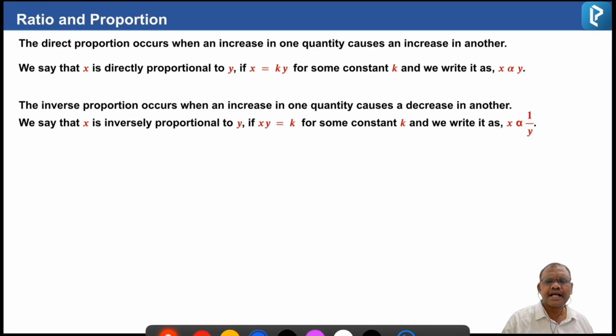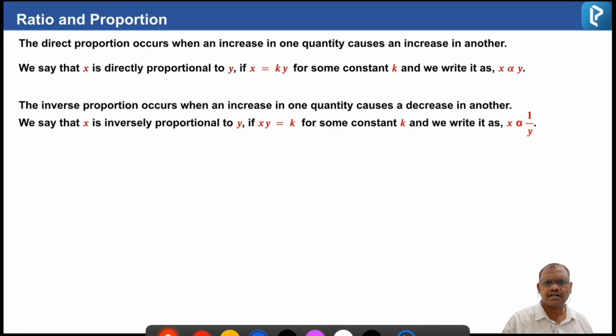So next is the types of proportion. There are two types of proportion. One is direct proportion and the other is inverse proportion. The direct proportion occurs when an increase in one quantity causes an increase in another.